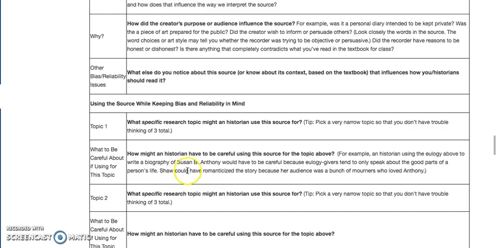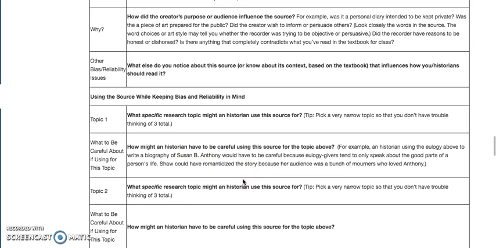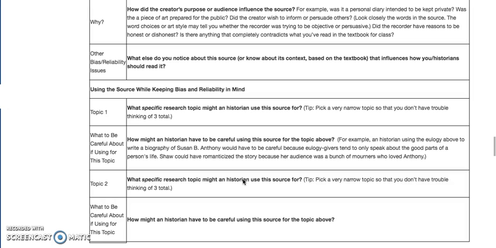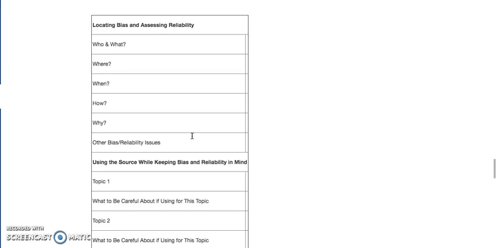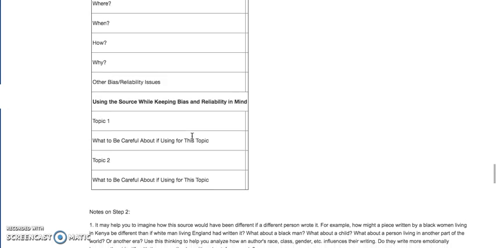And so the author could have romanticized the story of Susan B. Anthony because her audience was a bunch of people who loved Susan B. Anthony. So that's one thing that you'd have to be careful about if you were going to use it to write a biography of Susan B. Anthony. So you'll do that twice here.